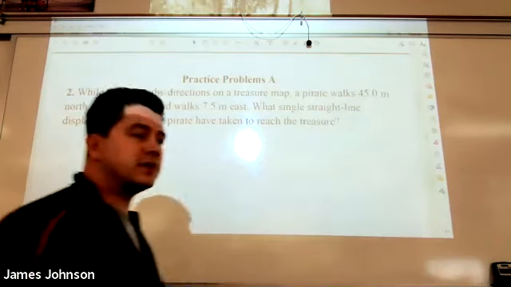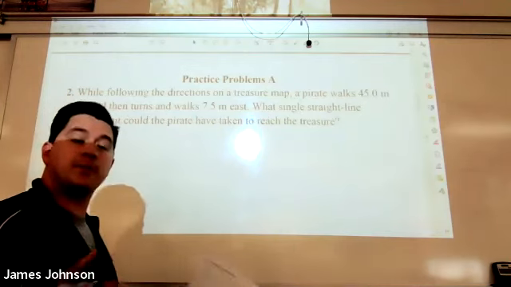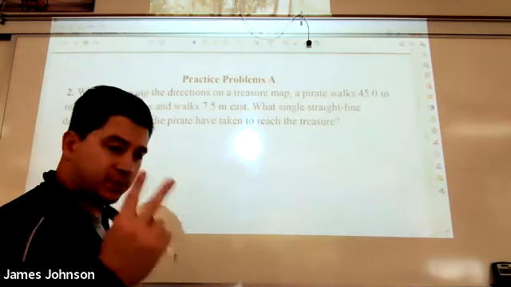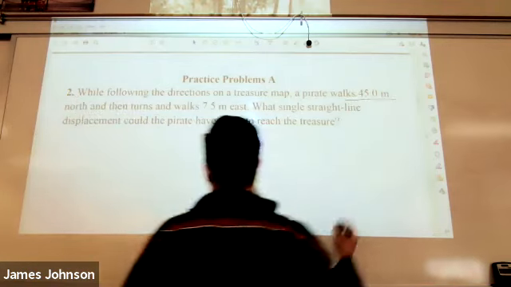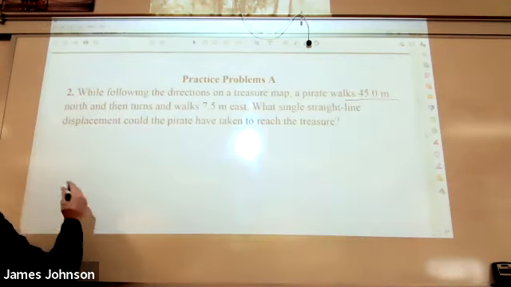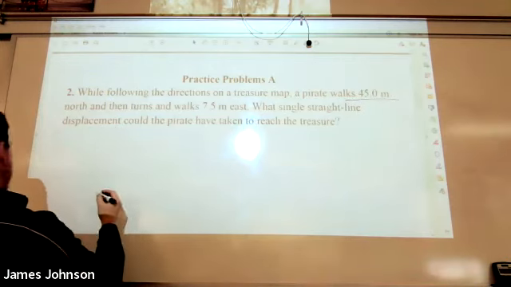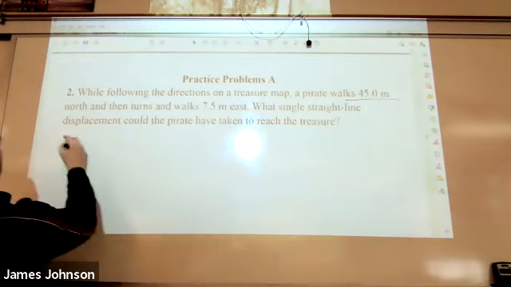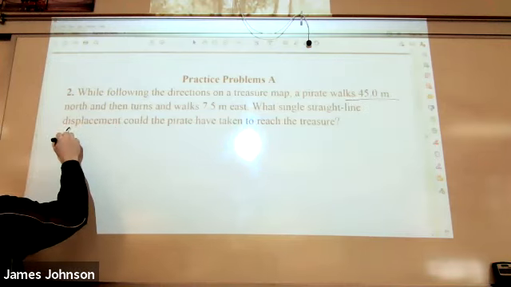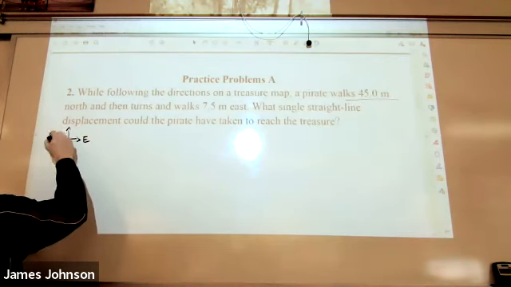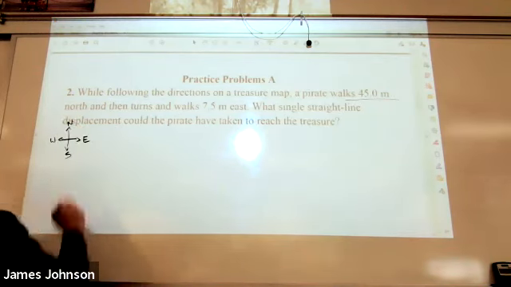All right, still working on sample problem A, or at least the practice problems associated with sample problem A. Let's try practice problem number 2. While following the directions on a treasure map, a pirate walks 45.0 meters north. Okay, so I have, again, using the traditional 4 cardinal directions coordinate system, right?